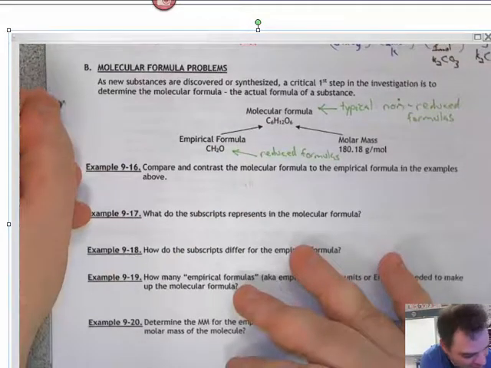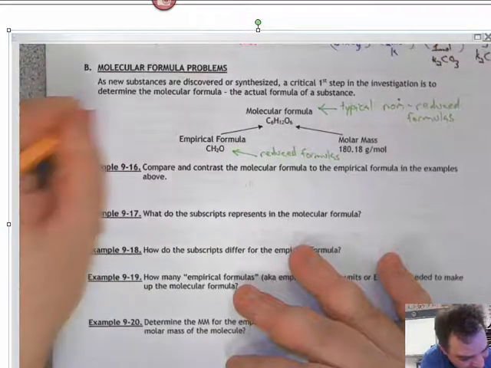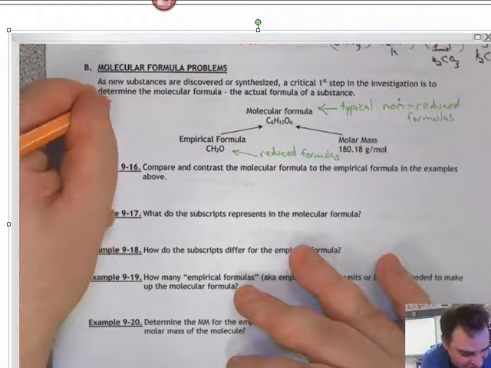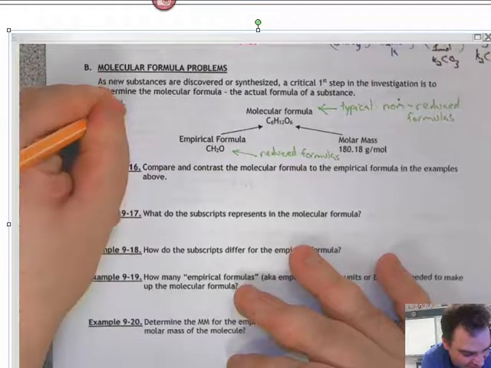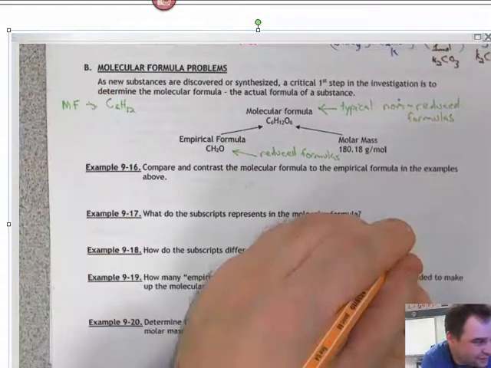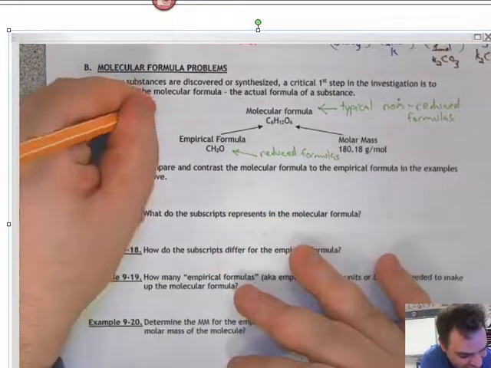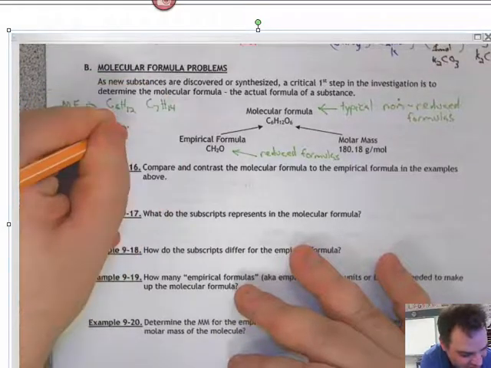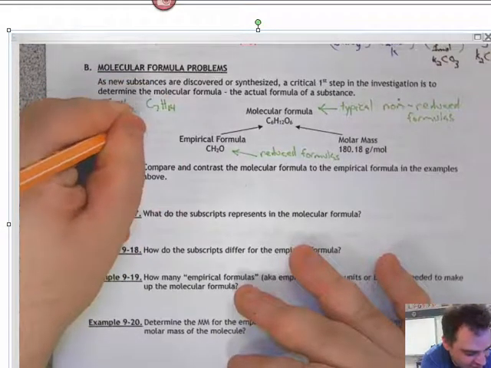So, some examples of molecular formulas. Remember back in the day we were doing those alkanes and cycloalkanes like C6H12 and C7H14. Those were the cycloalkanes.